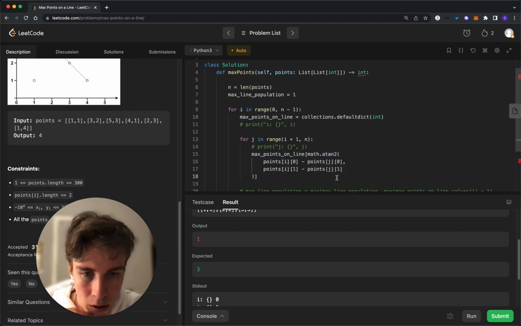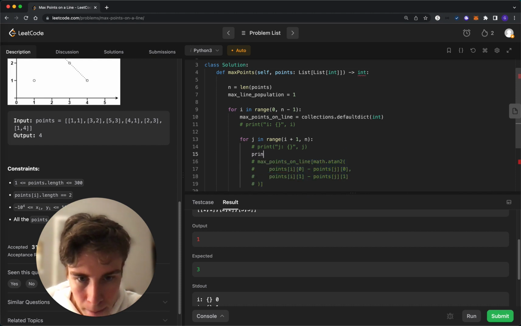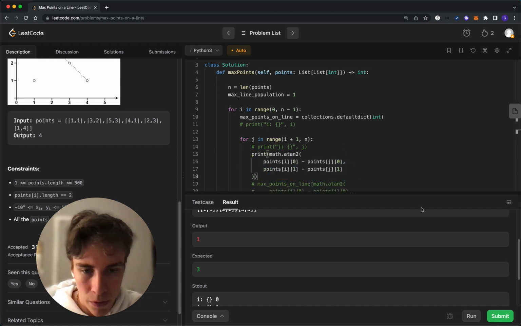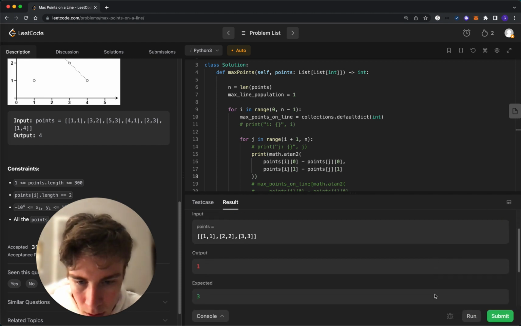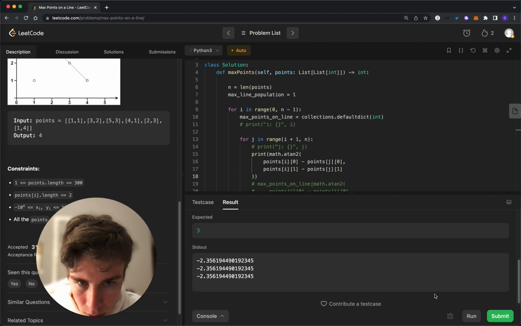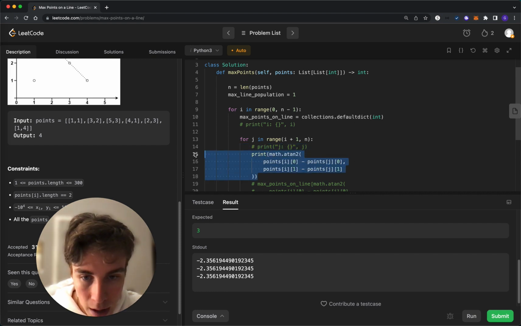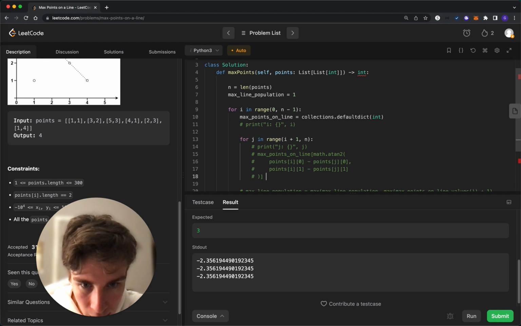Let's see now. Maybe I'm not counting the arctans correctly. So I do this sort of debugging when I'm... one, two. So there's 3 comparisons, which is fine. I did just notice that I'm not actually setting anything.